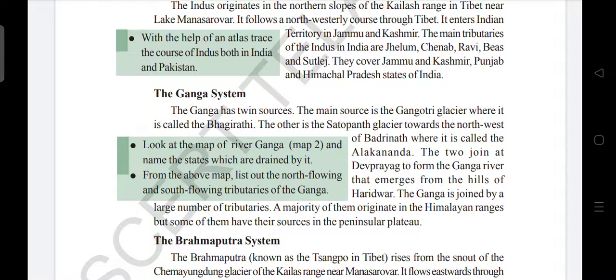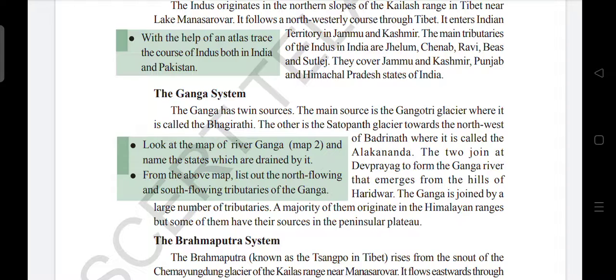The two join at Devprayag to form the Ganga river that emerges from the hills at Haridwar. The Ganga is joined by a large number of tributaries. A majority of them originate in the Himalayan ranges, but some of them have their sources in the peninsular plateau.